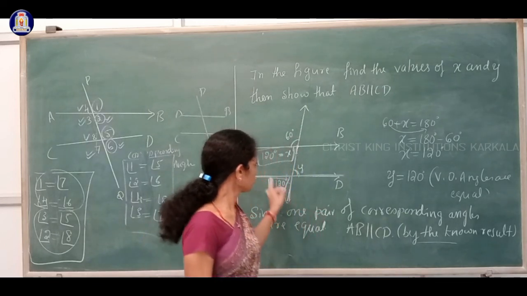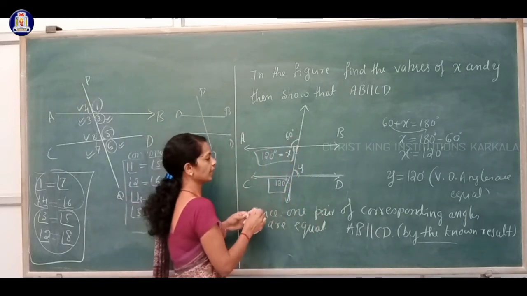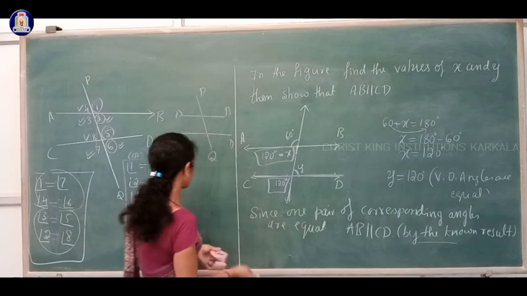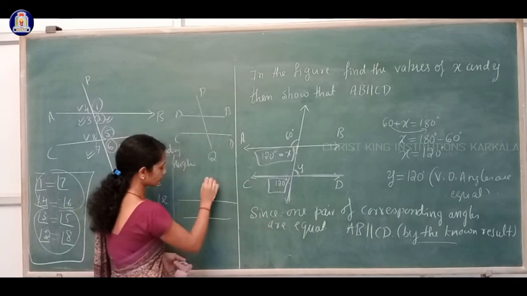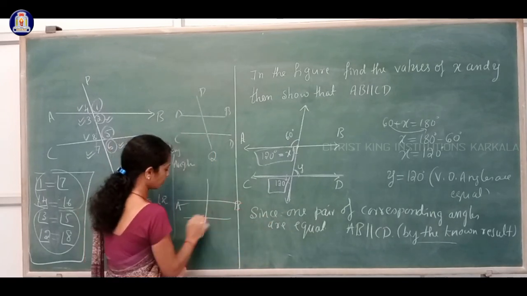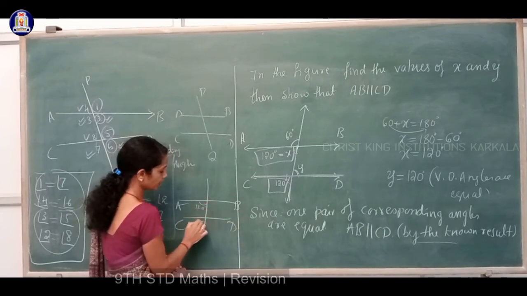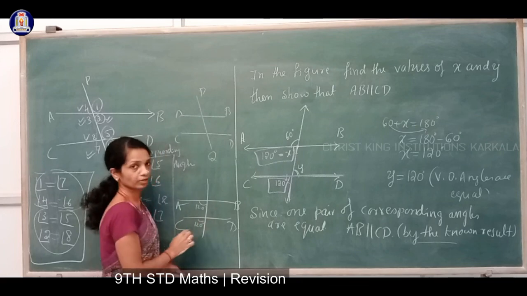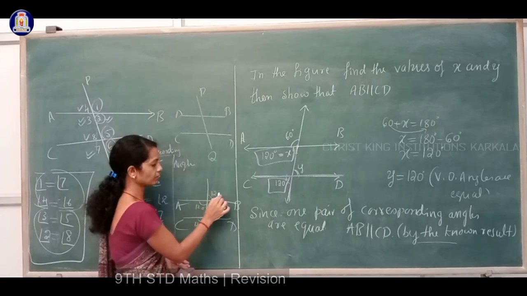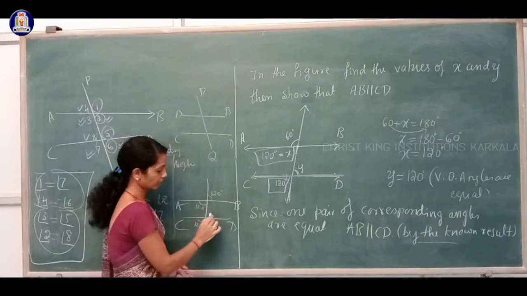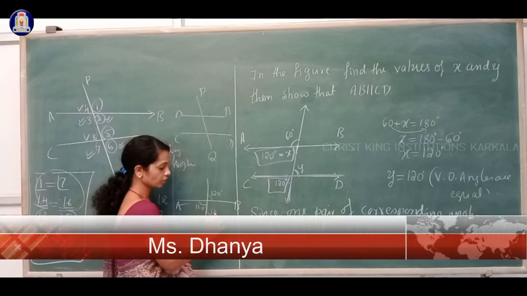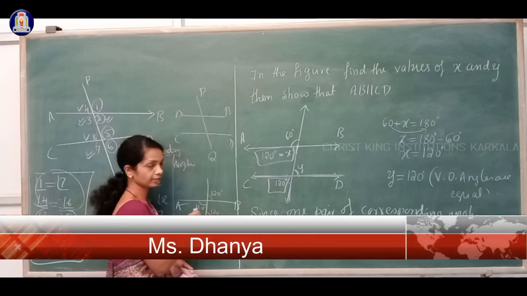Why? Because if one pair of corresponding angles are equal, then what happens? Just see here: AB and this is CD, and we have this angle 120 degrees, this angle 120 degrees, and we know that vertically opposite angles are equal. So vertically opposite to this you have this angle 120, right?